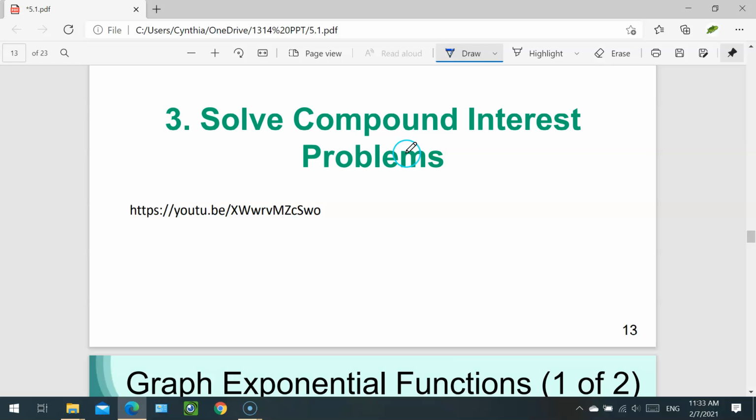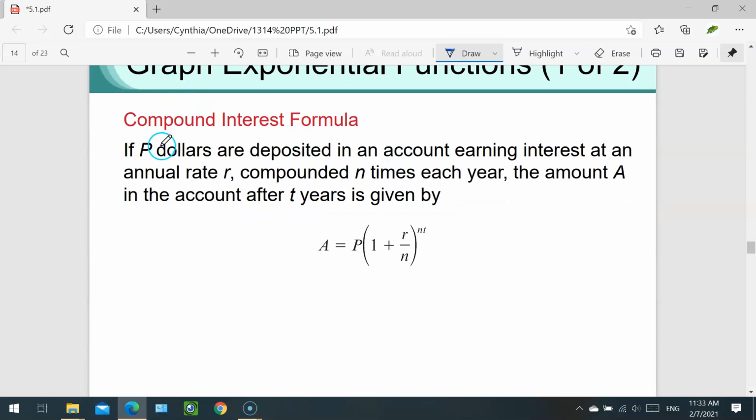Solve the compound interest problem. If P dollars are deposited in an account earning interest at an annual rate R, compounded n times each year, the amount A in the account after t years is given by the formula. A is the final amount.